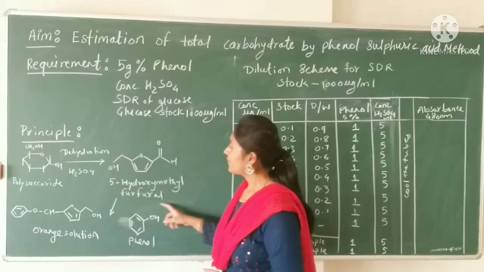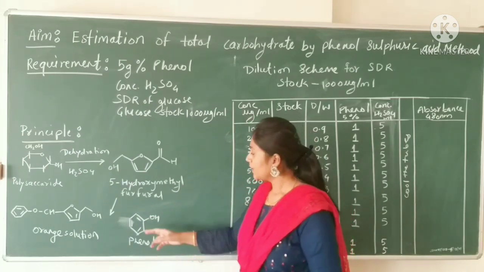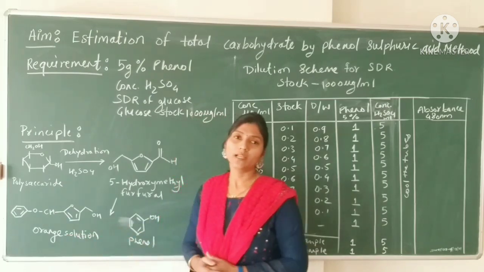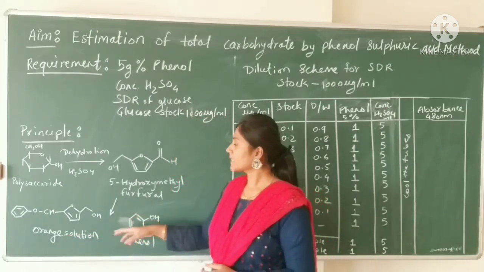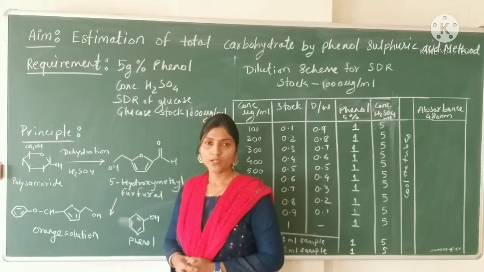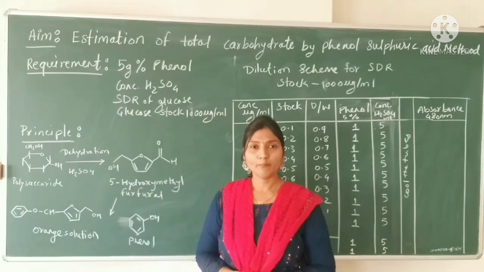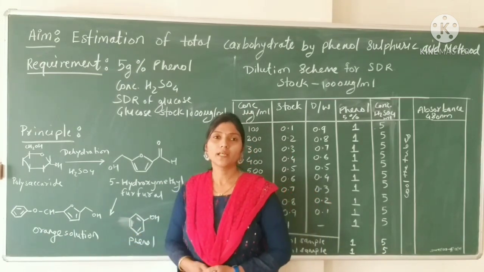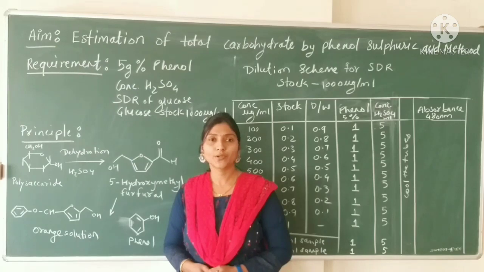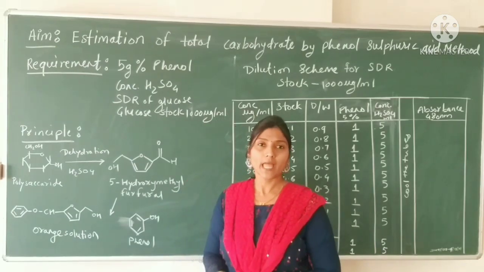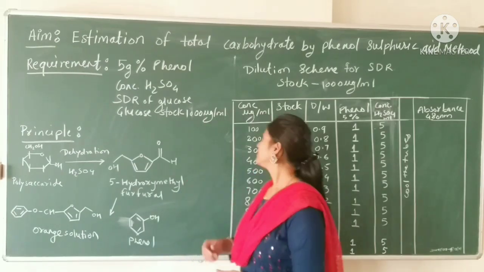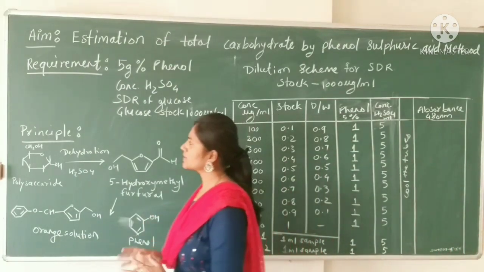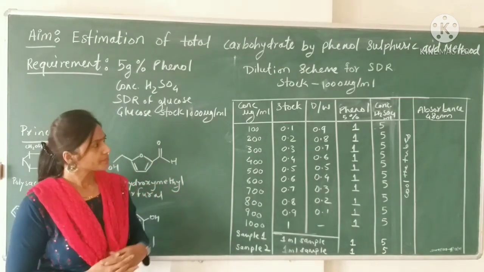This compound, in the presence of phenol, will give you an orange to brown colored solution. So if your sample has carbohydrate, then naturally an orange to brown colored compound is going to be produced, and we are going to take the absorbance of that compound at 480 nanometer.